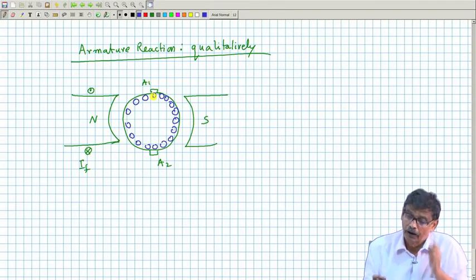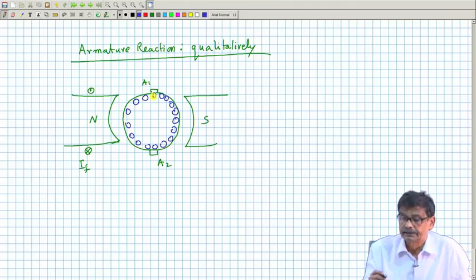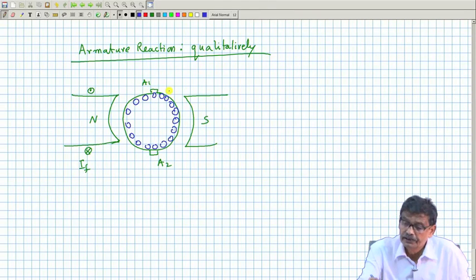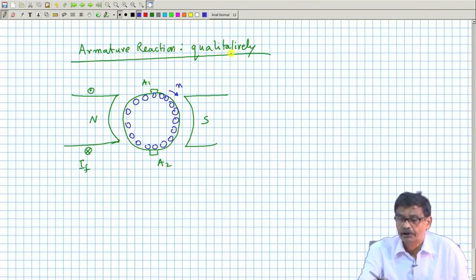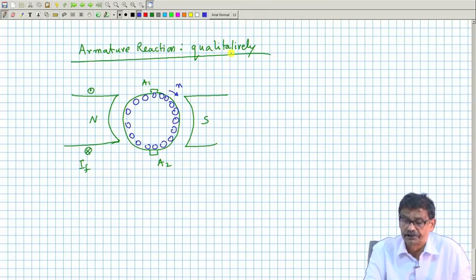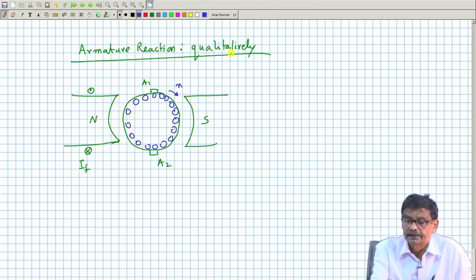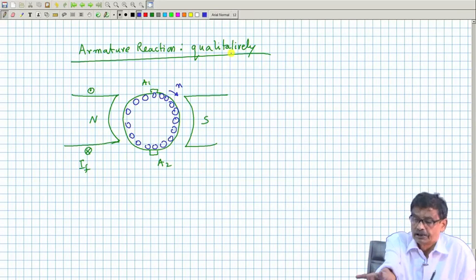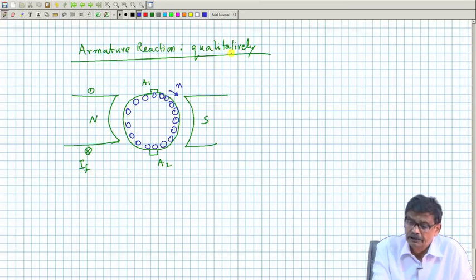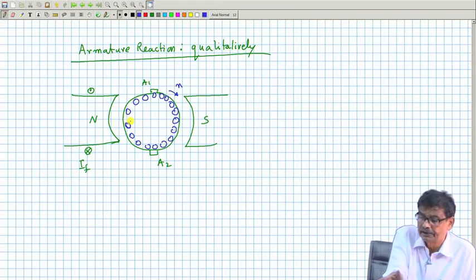Okay. Now, suppose I say that the generator is moving in this direction, NRPS. That is, the prime mover is running this armature of the generator in the clockwise direction. Then I can decide about the polarity of the induced voltage. So, the generated voltage will be like this. Now, if you apply the right hand rule, not the velocity, it will be cross.